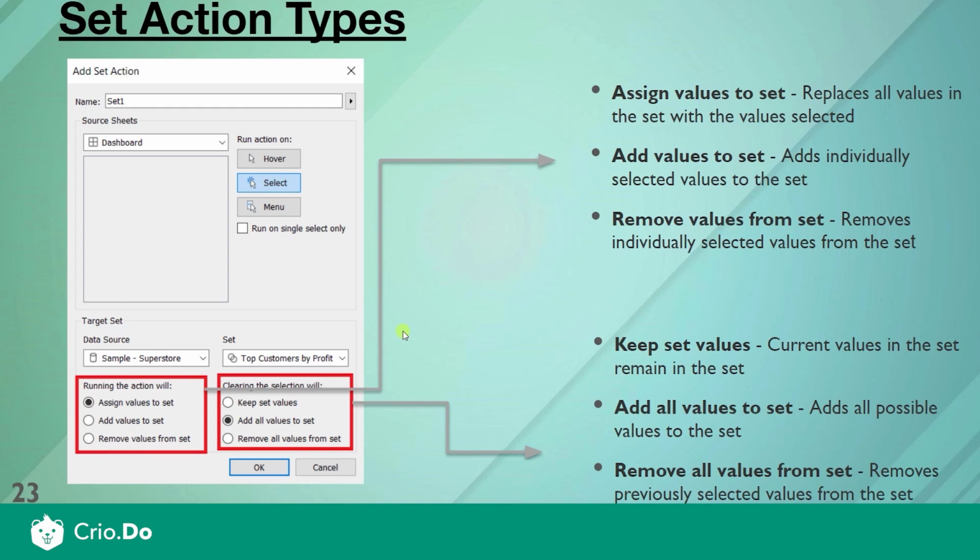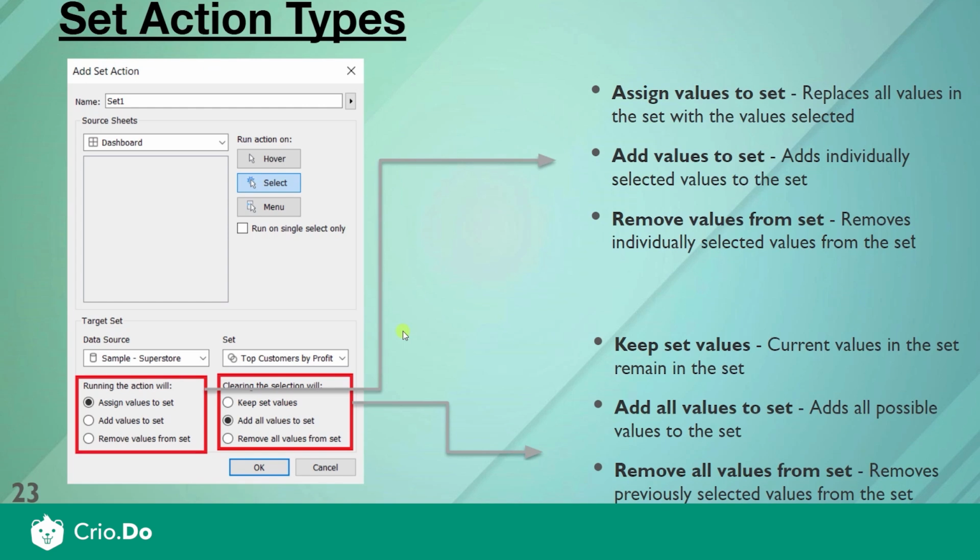And what happens when the selection is cleared? Whenever you run the action, like whenever you click or hover on the set action you're creating, what is happening, and whenever you clear the action, what should happen? The running action has three options: assign values to the set, add values to the set, and remove values from the set.